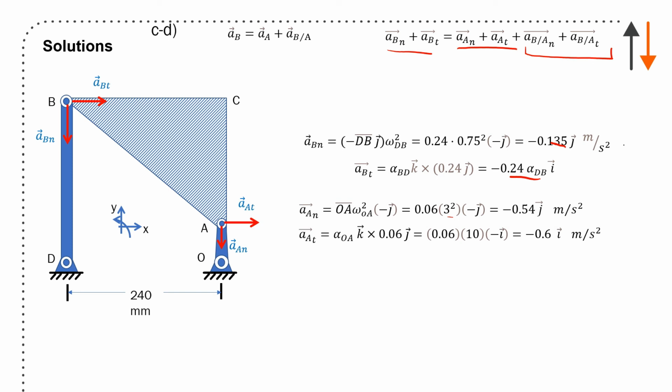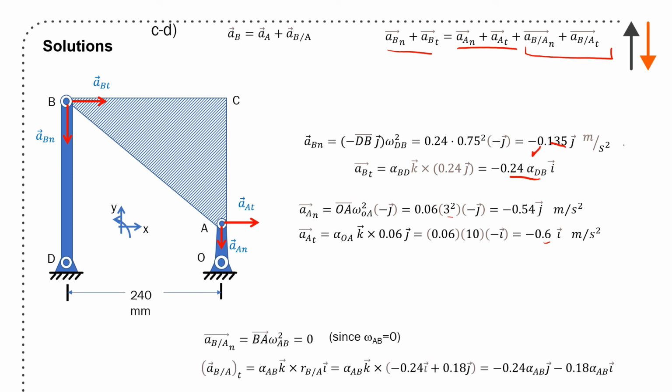So the only unknown here is alpha_DB. Substituting in terms, omega_AB is equal to 0. We know that. You end up with the normal acceleration of B with respect to A equal to 0. You don't know the angular acceleration of AB or ABC because you don't know necessarily what it will be.